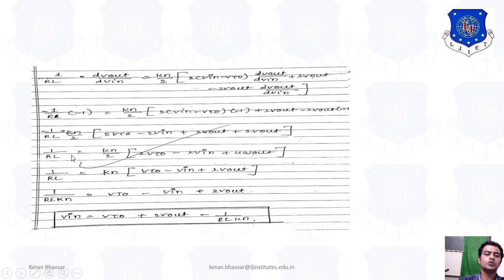Basically 1 upon RL is equal to Kn by 2 into 2 VTO minus 2 V in plus 4 V out; we take a common factor of 2 and it cancels out. So 1 upon RL Kn is equal to VTO minus V in plus 2 V out. So V in is equal to VTO plus 2 V out minus 1 upon RL Kn, and directly we put VIH, so VIH is equal to VTO plus 2 V out minus 1 upon RL Kn.